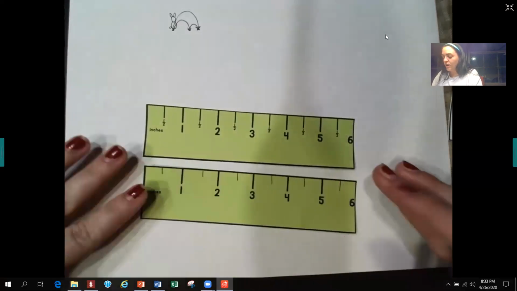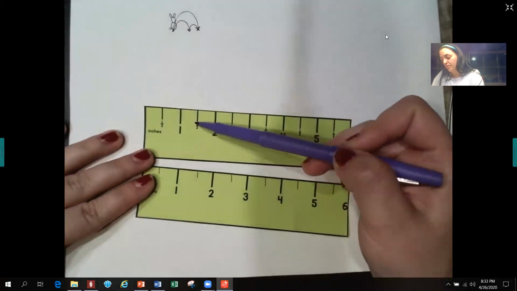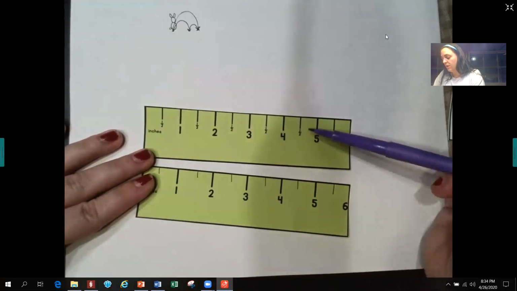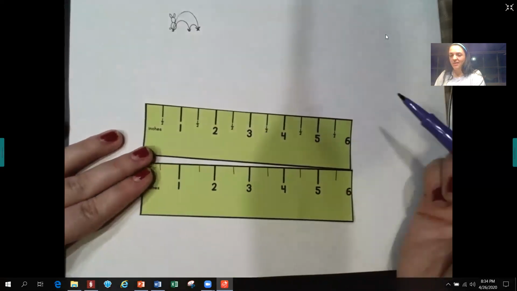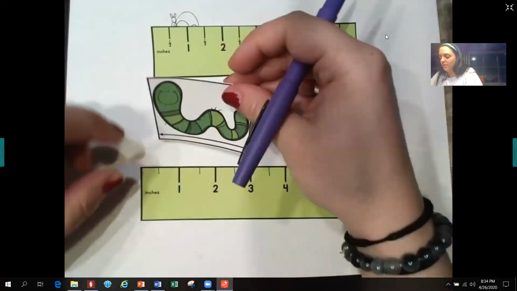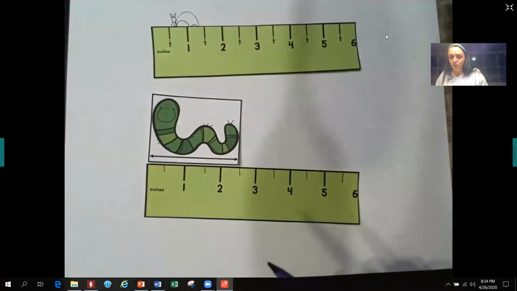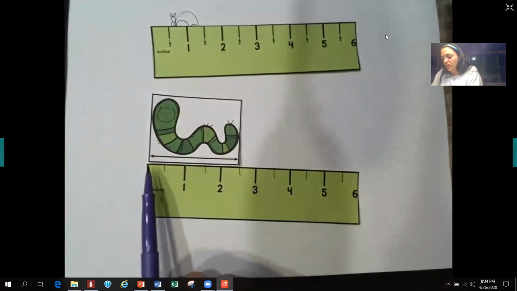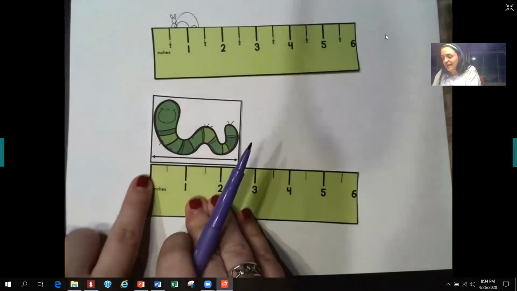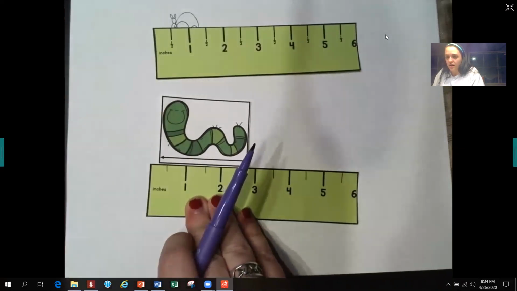So again, if I were to label my halves on a ruler that's cut into halves, I can put 1/2 under each tally mark. But I think I've got the hang of this, so I'm going to use this ruler instead. I'm going to start out by measuring an inchworm. And boys and girls, when you're measuring length or distance of an object, you want that object to start at 0, or the very left side of your ruler. You can't start it right there.